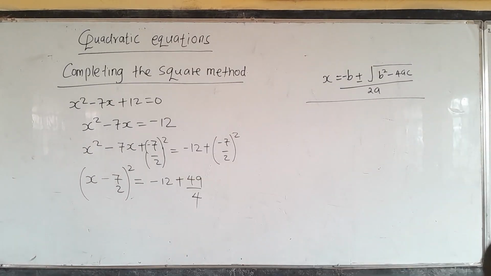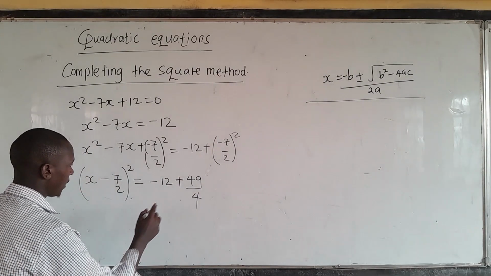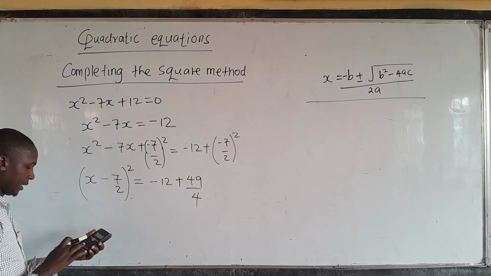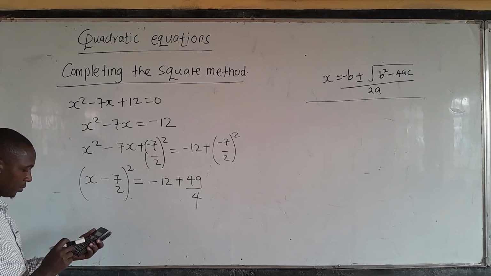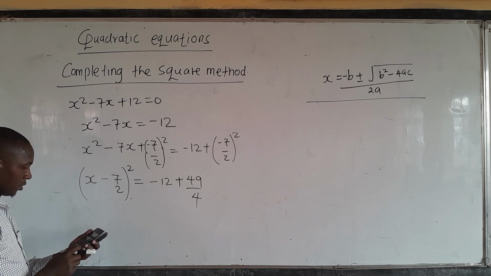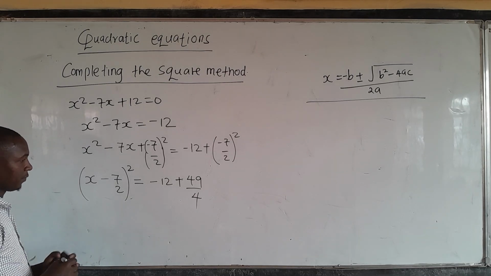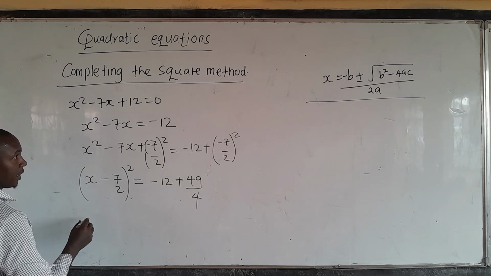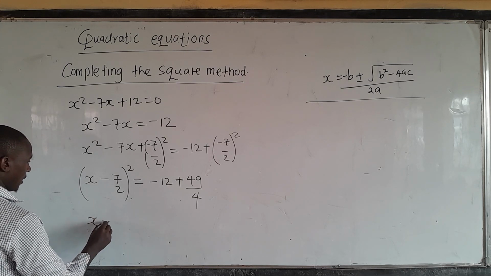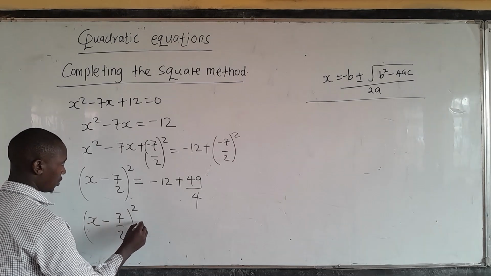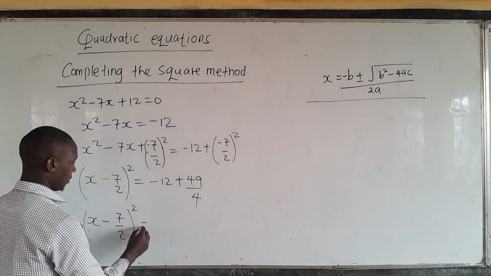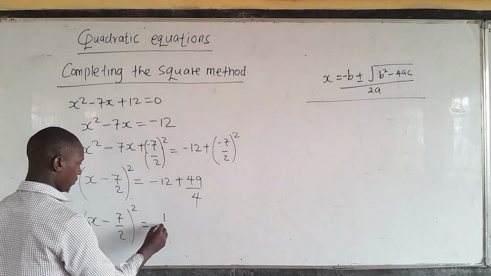Using my calculator, I can simplify 49 divided by 4 minus 12. That is 1 over 4. So we have x minus 7 over 2, squared, equals 1 over 4.